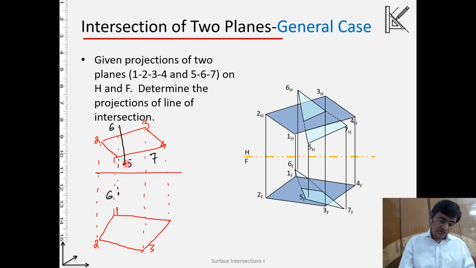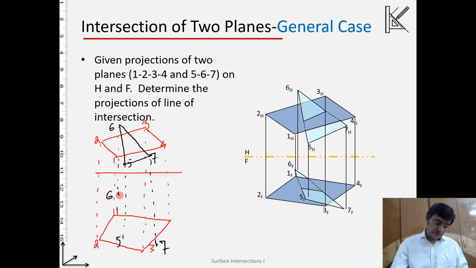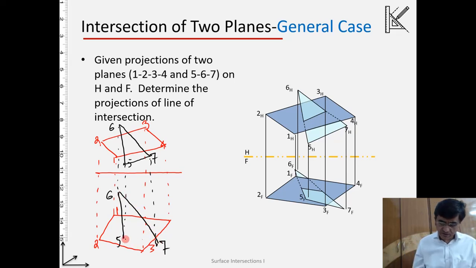So 6 5 7, that is how the plane is projected. Let the 7 be here and let 5 be projected somewhere here. So I can again join 6 and 5 and join to 7.